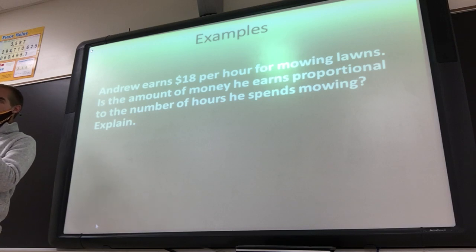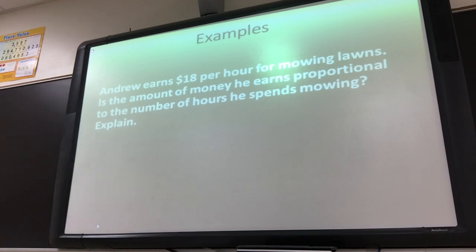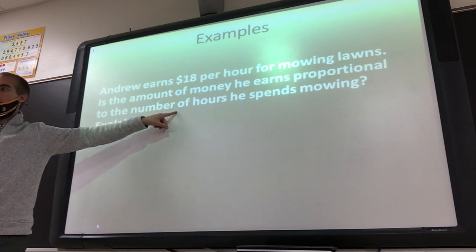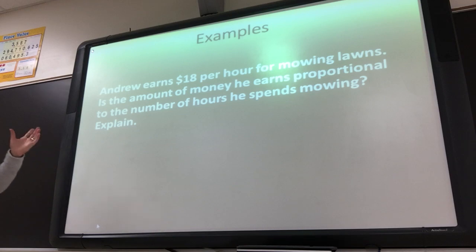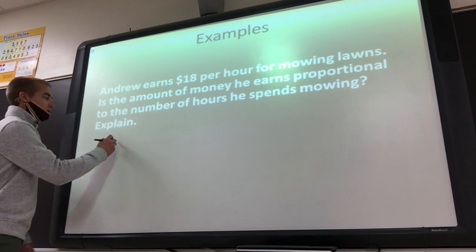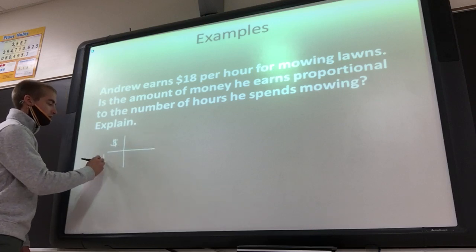Think about a relationship. It's between two people usually. A relationship is between two different things. The two things that we have a relationship, the amount of money he gets and the number of hours he spends. So those are the two things we want to focus on. So if we're going to make a table, which is what I would do, I would put money he gets on top and the number of hours on the bottom.